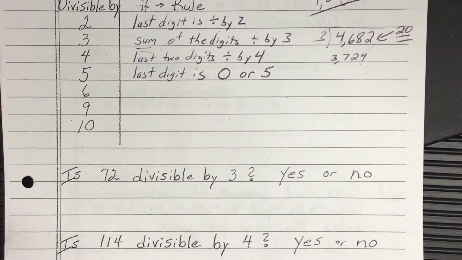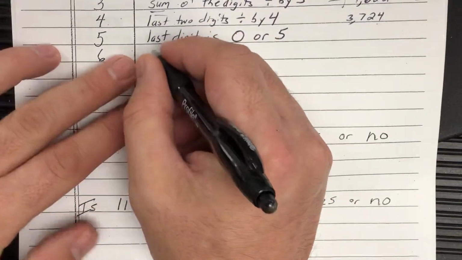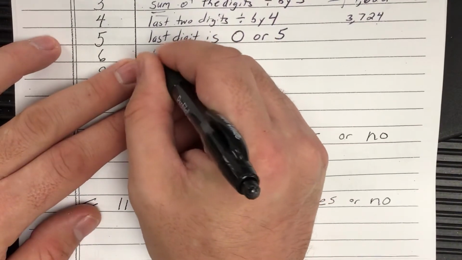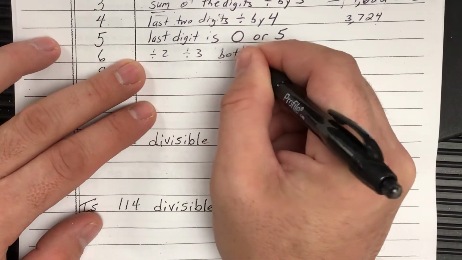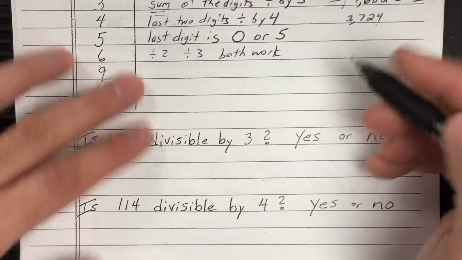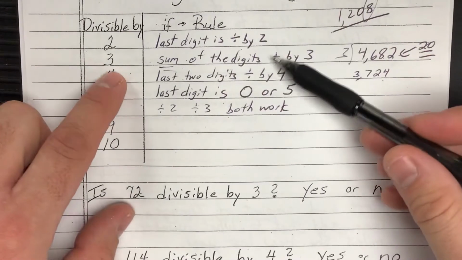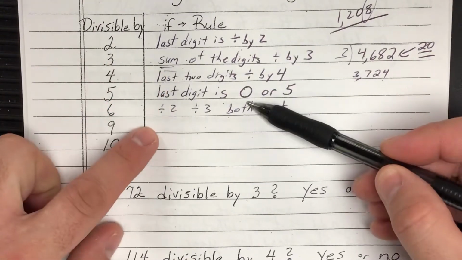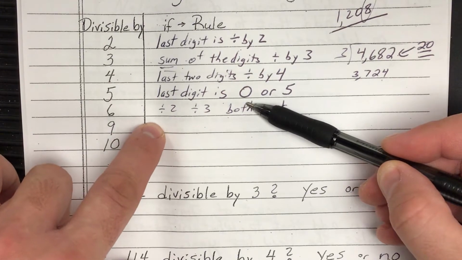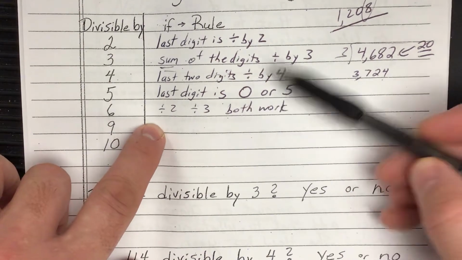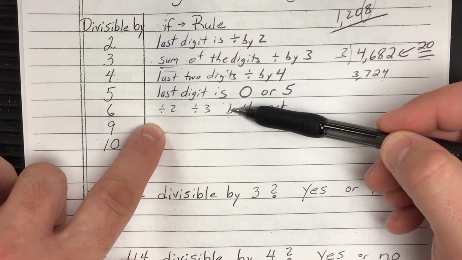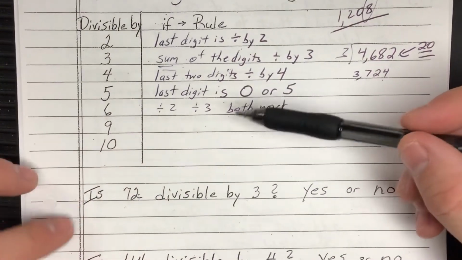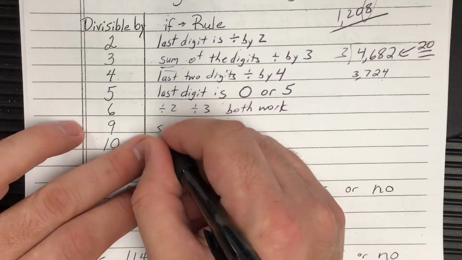Rule for 6. If 2 and 3 both work, so it follows the top 2 rules, 6 goes in there as well. If it only works for one of them up here, 6 does not work. 9. Again, that's the sum of the digits.